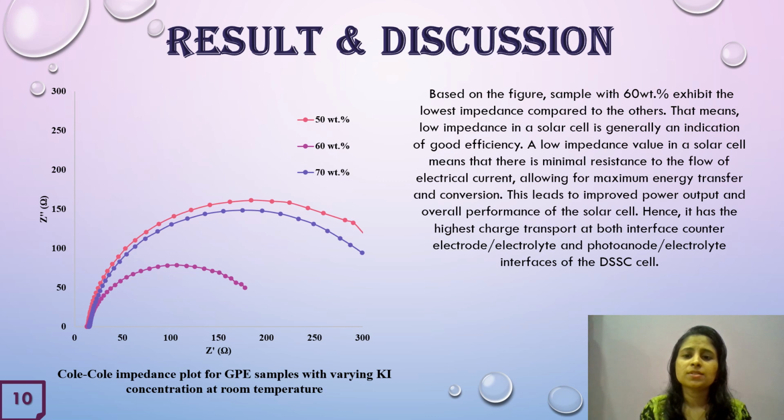A low impedance value in a solar cell means that there is minimal resistance to the flow of electric current, allowing for maximum energy transfer and conversion. This leads to improved power output and overall performance of the solar cell. Hence, it has the highest charge transport at both the counter electrode or electrolyte and photoanode or electrolyte interfaces of the DSSC cell.